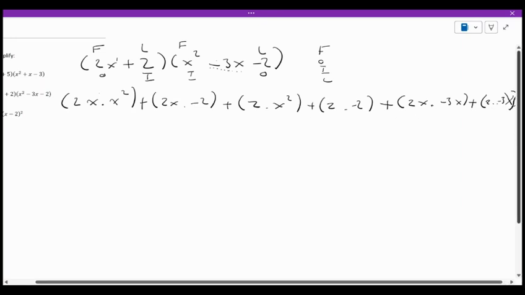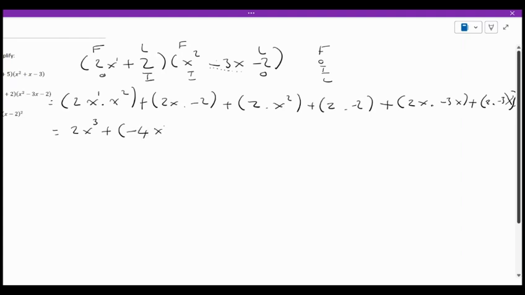So that is 2 times negative 3x. Sorry for my writing. And then we get into it. We simplify. We have 2 here, that's a constant. Then we have these variables, these x's. Same variable, so we just add the exponents when we multiply these two variables together. That is going to give us 2x cubed plus a 2 times a negative 2. What is that going to give us? A negative 4.